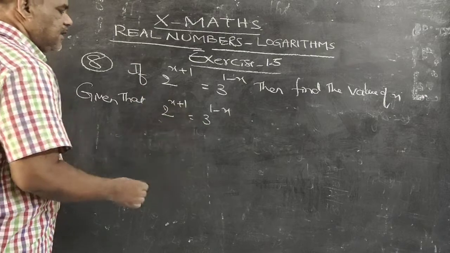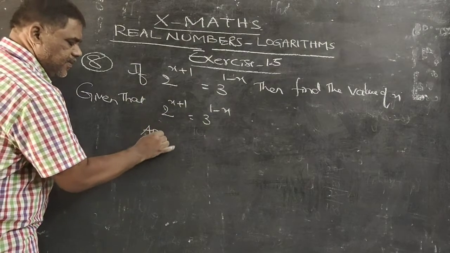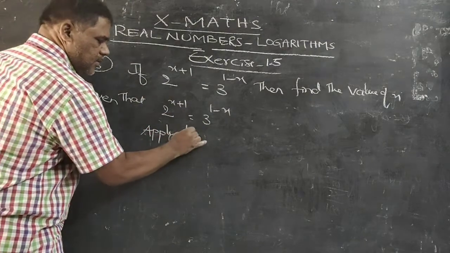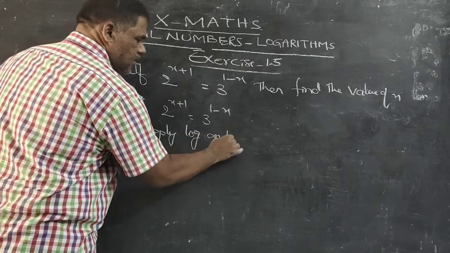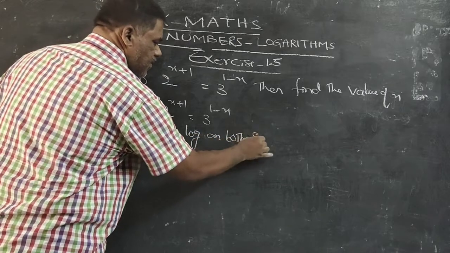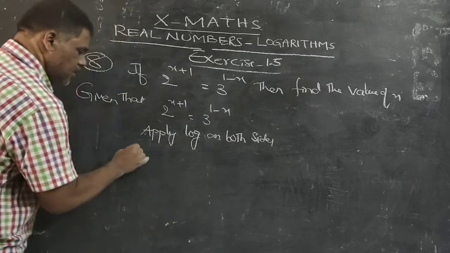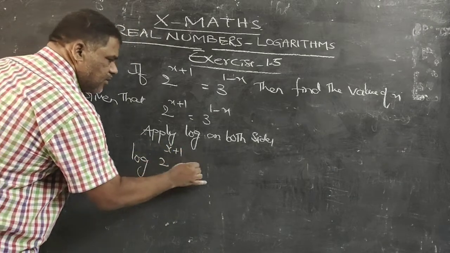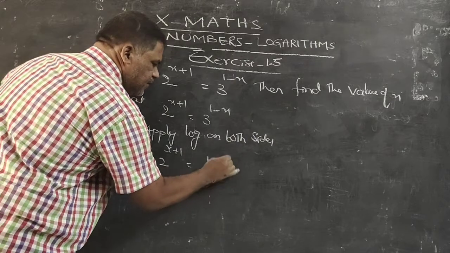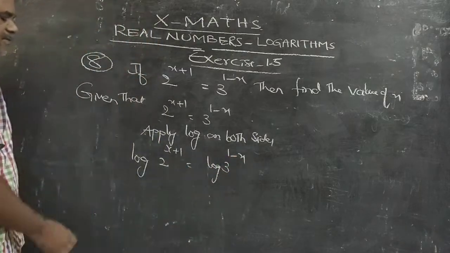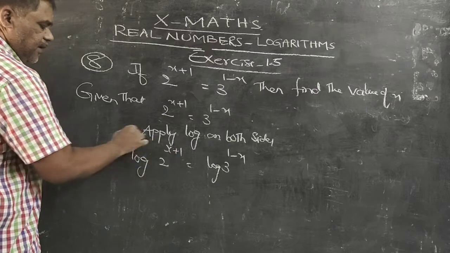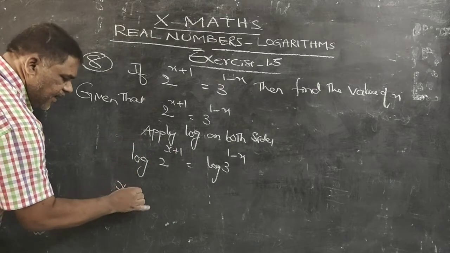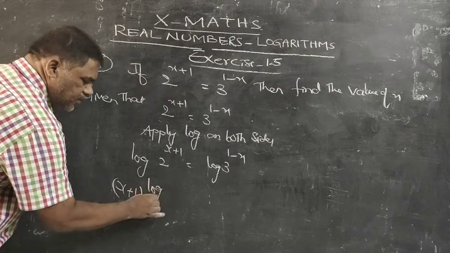Now apply logarithm on both sides. So logarithm of 2 to the power x plus 1 is equal to logarithm of 3 to the power 1 minus x. Log a to the power m comes here, it will become x plus 1 log 2.